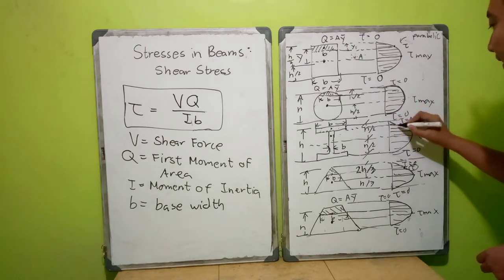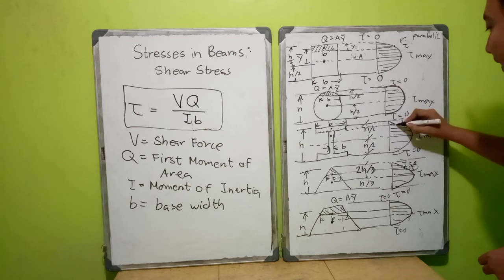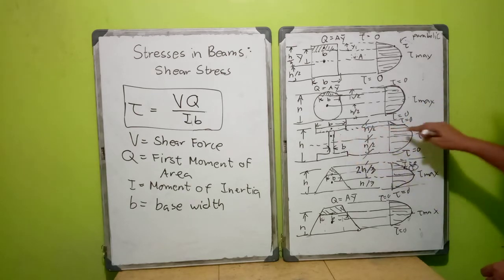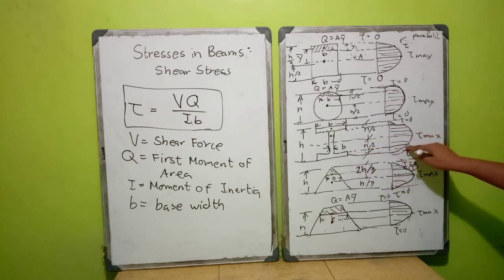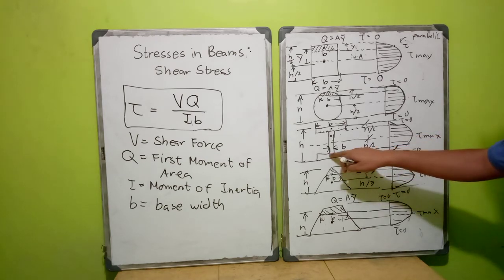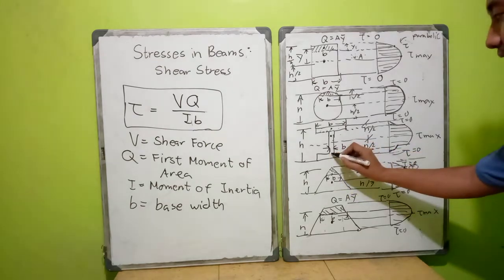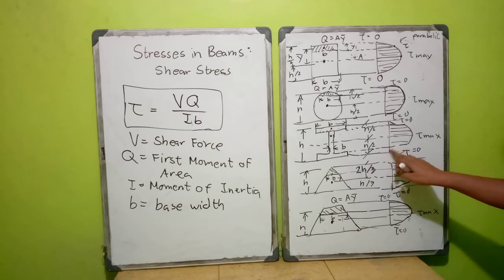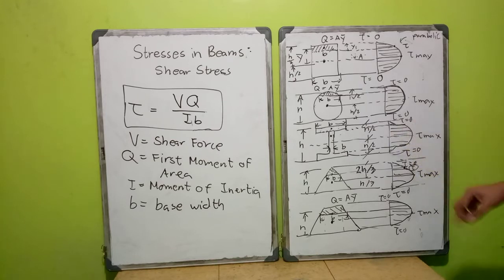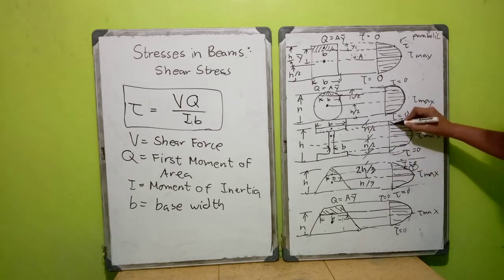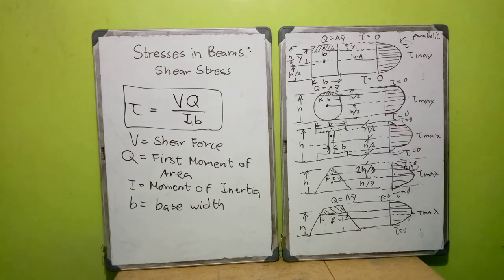Then it would suddenly increase when we go to the flange. The stress diagram will be like this. It will be curvilinear at this point, flattened curvilinear, but because the B suddenly decreases at the flange, the shape of your stress diagram will be like this. So it looks like a fish.